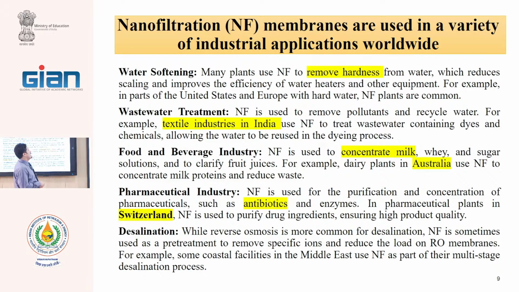Another process is nanofiltration. Nanofiltration application is lower than MF, UF, and RO, because the nanofiltration process is a new one. Nanofiltration was suggested in 1909, and it is a new one, but now has good progress.